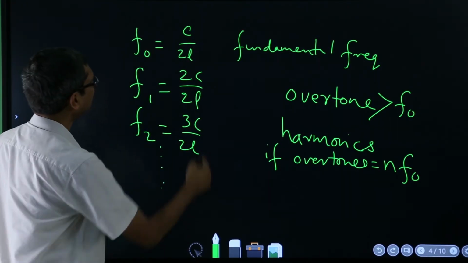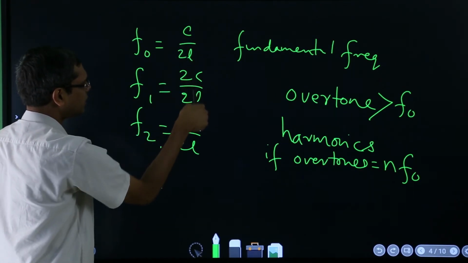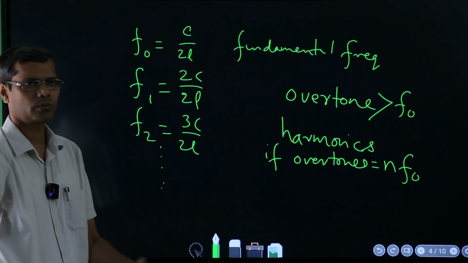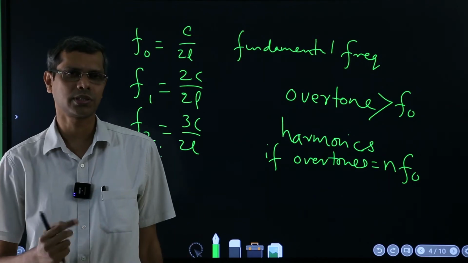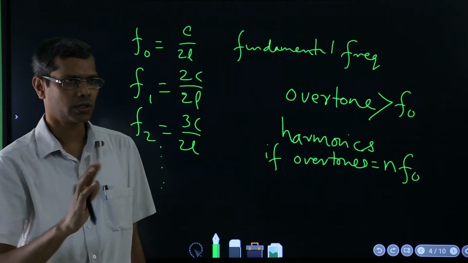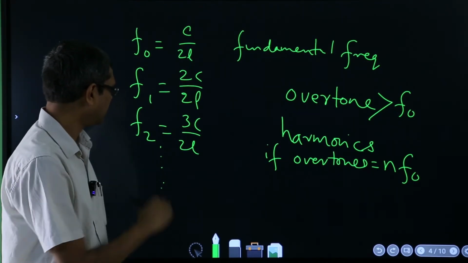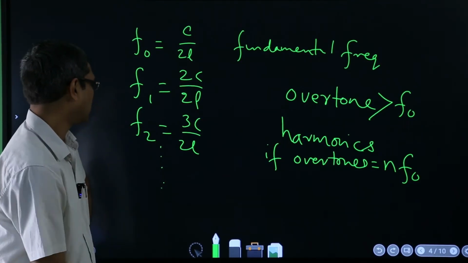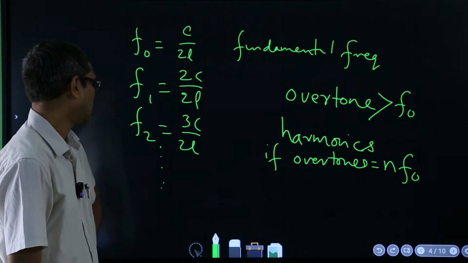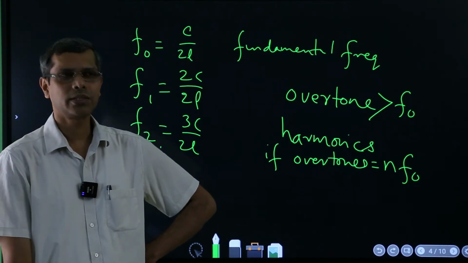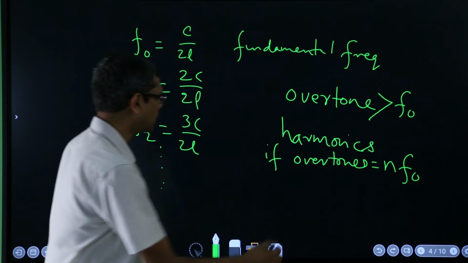And another one is first harmonic, second harmonic, third harmonic. So when any of this terminology is used, you should understand what it means. In fact, this is the basis of all the musical instruments. That is the word harmonic.